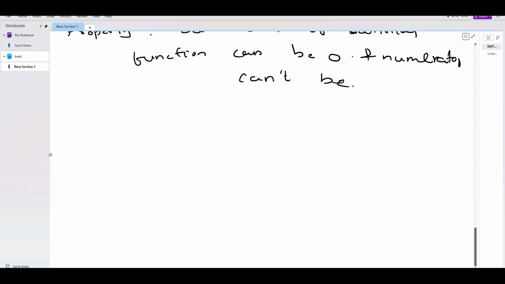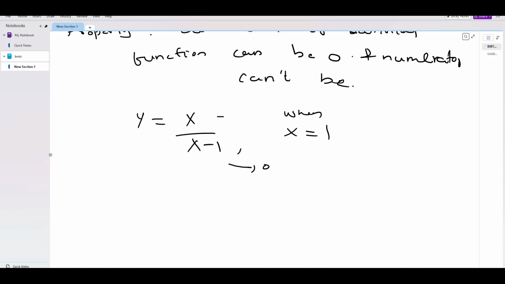So here the function is y is equal to x by x minus 1. When x equal to 1, the denominator is 0, numerator will be 1.